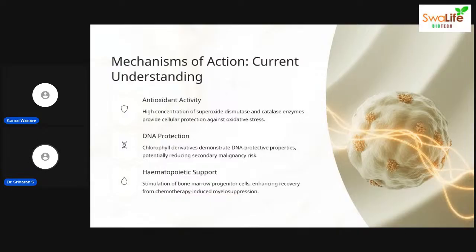Hematopoietic support is nothing but the anti-inflammatory property. Before, we saw the antioxidant property and DNA protection property. So the hematopoietic property is an anti-inflammatory property. Wheatgrass has several phytochemical properties from its bioactive compounds.